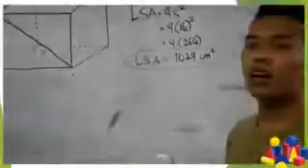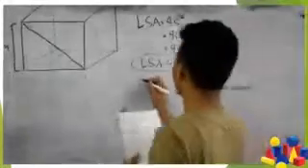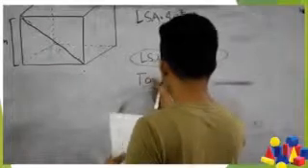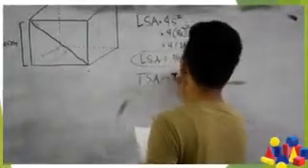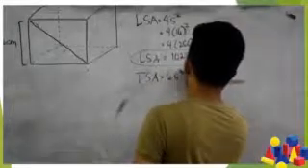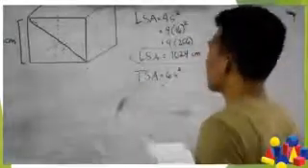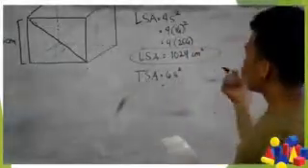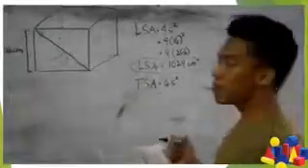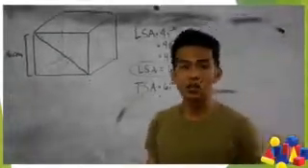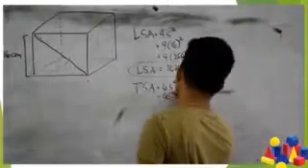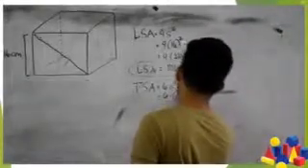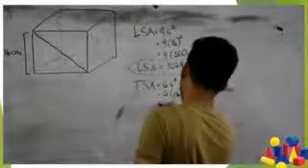Next is the total surface area. Total surface area equals 6s squared.